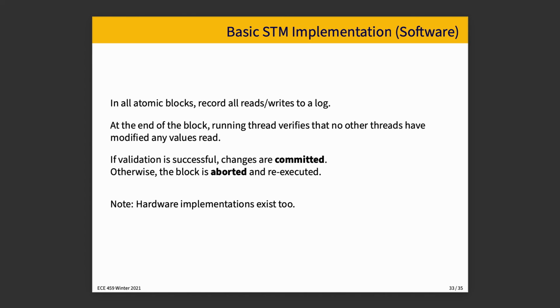And if validation is successful, changes are committed, so they become permanent. Otherwise, the block is aborted, we undo anything that needs undoing, and we try again. So if the balance was updated, we will abort, we will try again so that we read the latest value for the balance, and then do our calculation correctly with the new value, which makes it work.